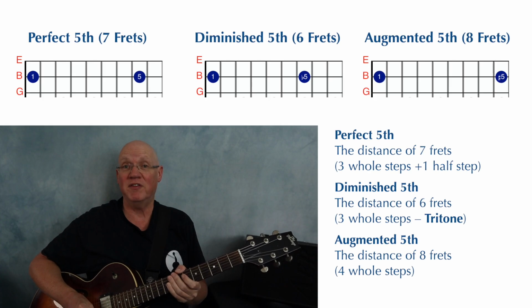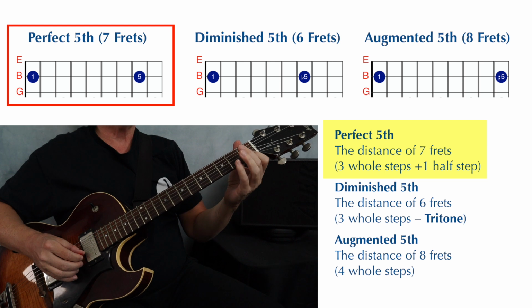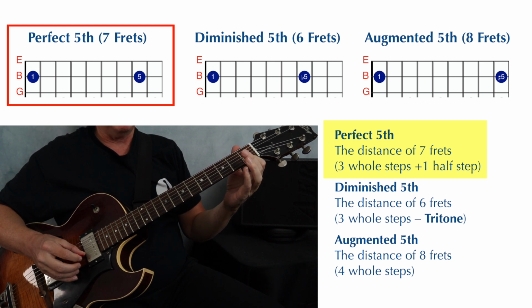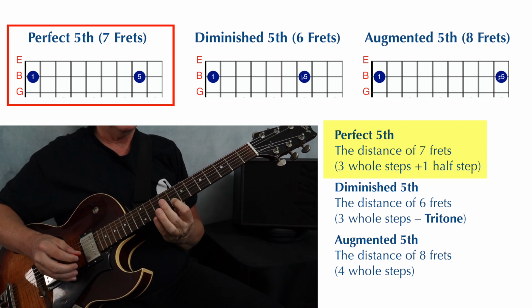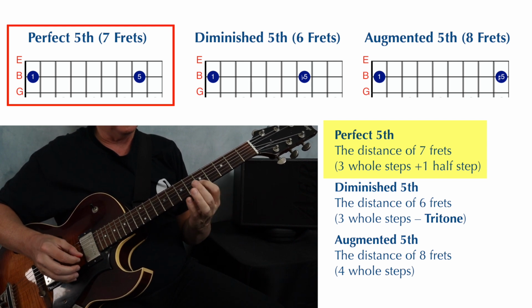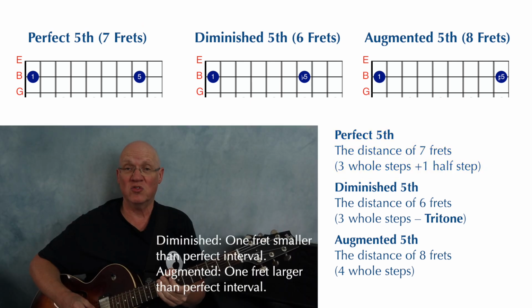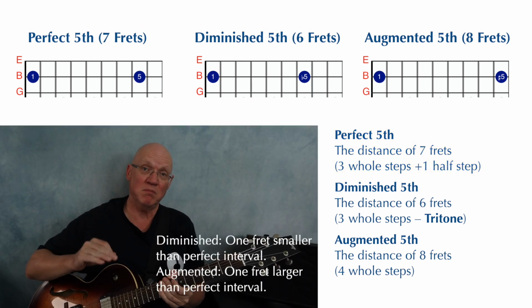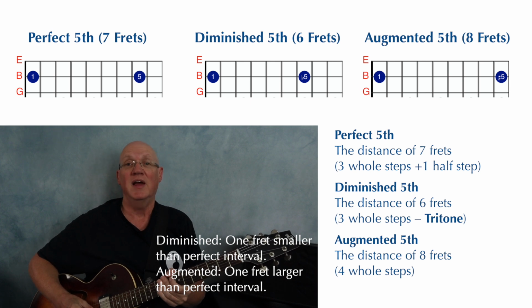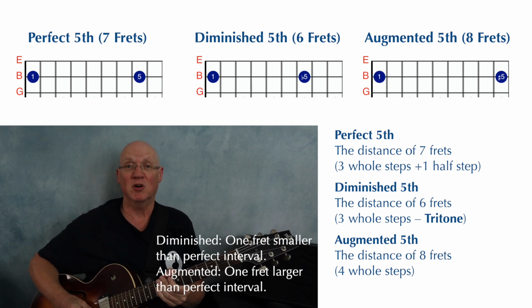You can further define fifths as perfect, diminished, and augmented. On the guitar, a perfect fifth is the distance of 7 frets, or 3 whole steps and a half step. So, whole, half. A diminished interval is 1/2 step or 1 fret smaller than a perfect interval, and an augmented interval is 1/2 step or 1 fret larger than its corresponding perfect interval.